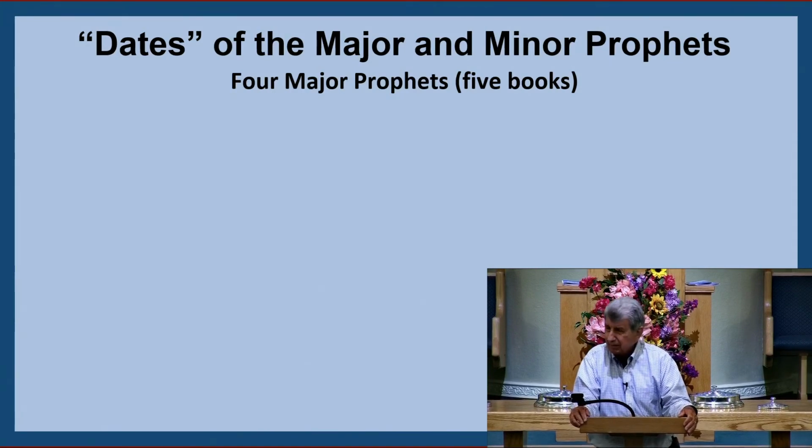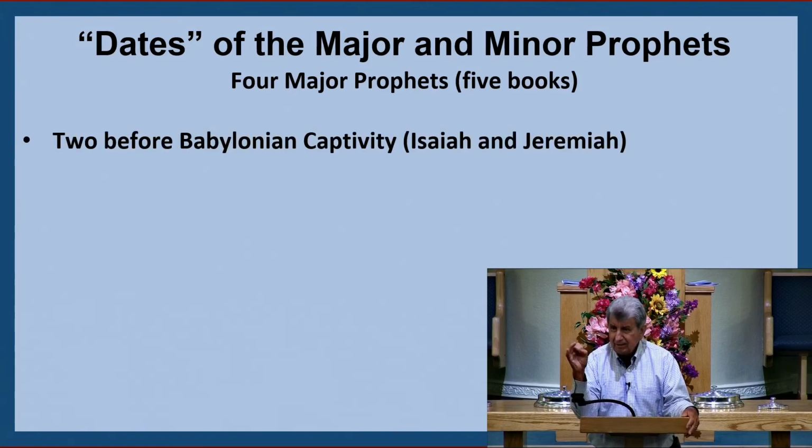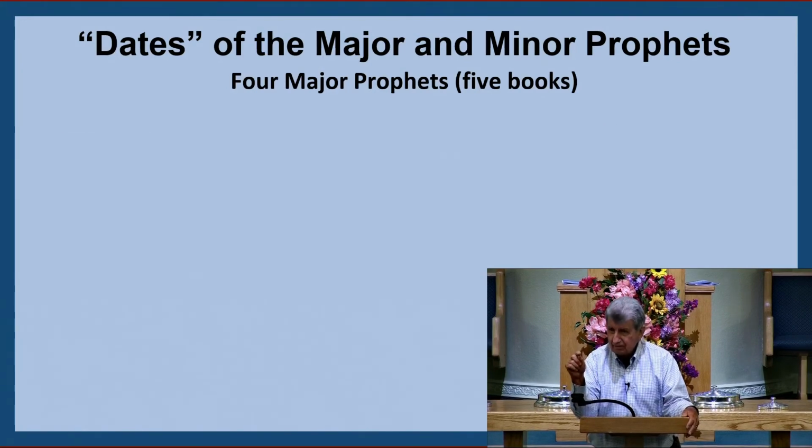Now then, in relationship to the time of the Babylonian captivity, of those major prophets, Isaiah, Jeremiah, Ezekiel, and Daniel, how many of them lived before the Babylonian captivity?